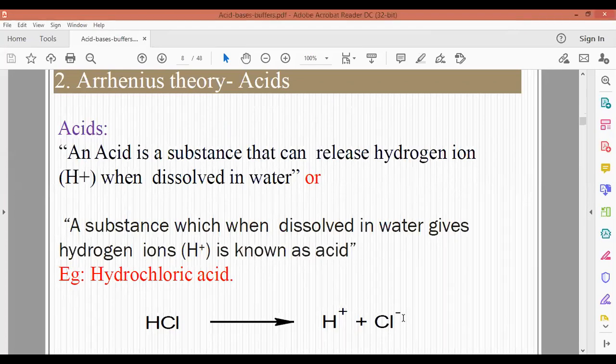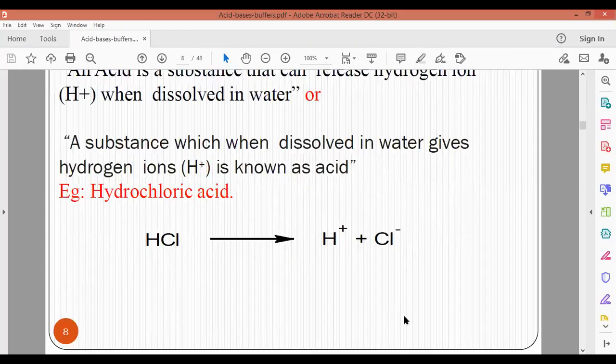These are the substances which can release H plus ions, but they have to dissolve in water. Whenever they dissolve in water, there is a release of H plus ions. Another definition: a substance which dissolves in water and gives H plus ions is known as an acid.